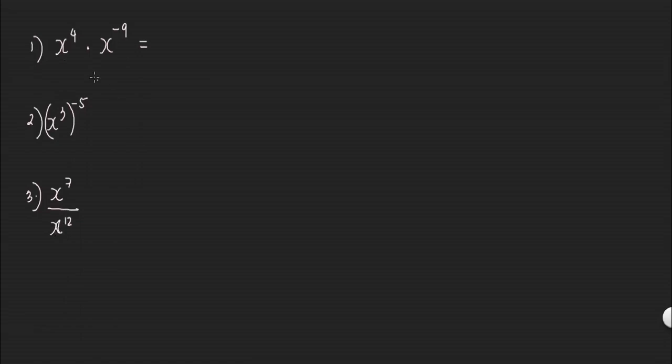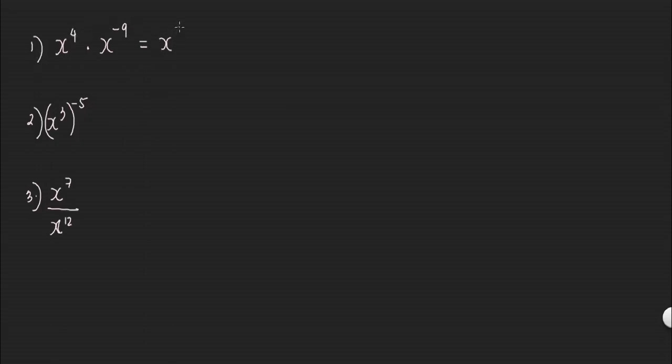Okay, for the first example, we have x to the fourth times x to the negative 9. So, from the rule, if we multiply these two with exponent, we can copy the base, or yung x, and add the exponents.